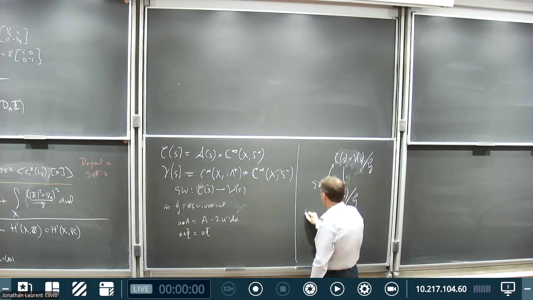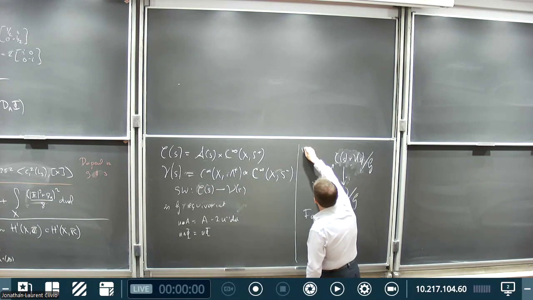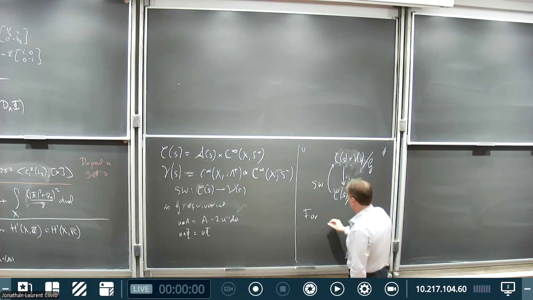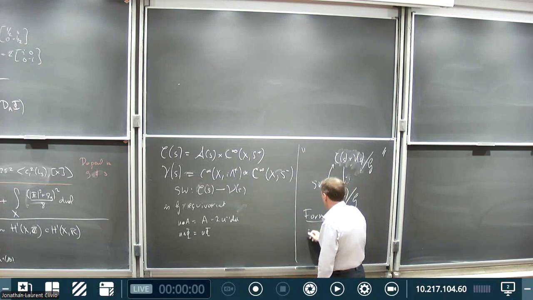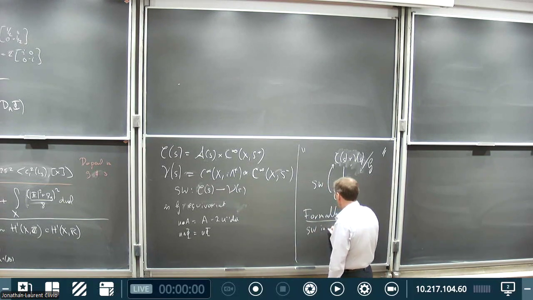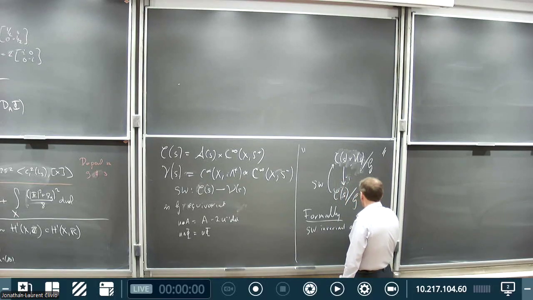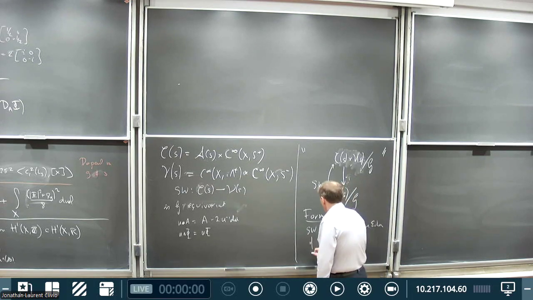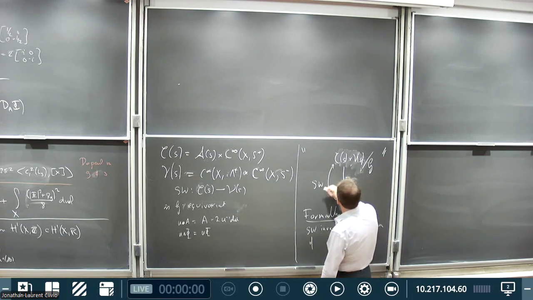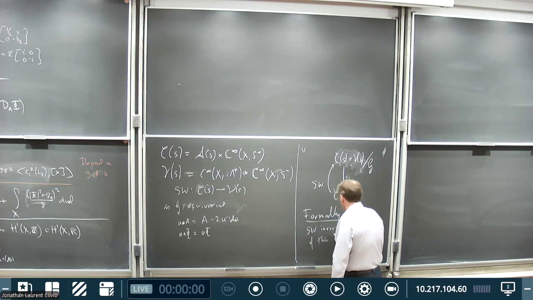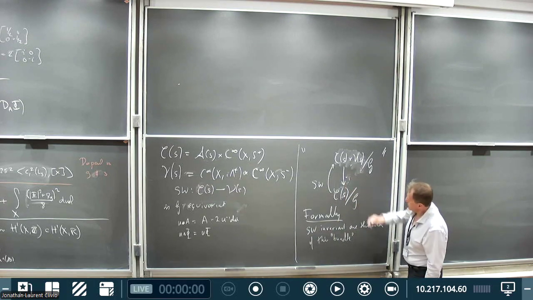So formally, this is all in quotes because the action is not free, but formally, when we define them, the Seiberg-Witten invariants are the Euler class of this bundle. That's an infinite dimensional vector bundle over an infinite dimensional space.